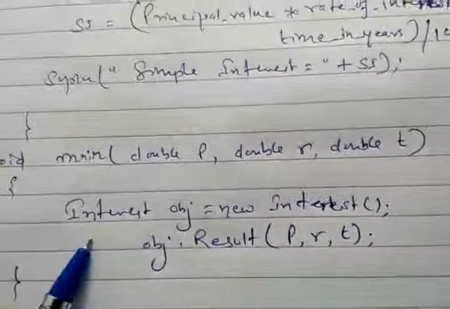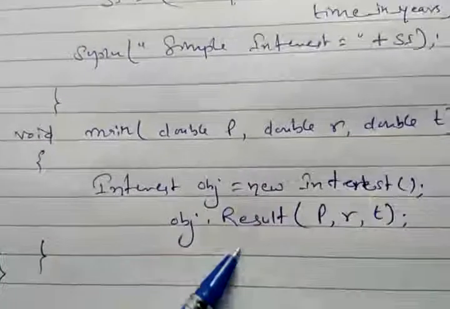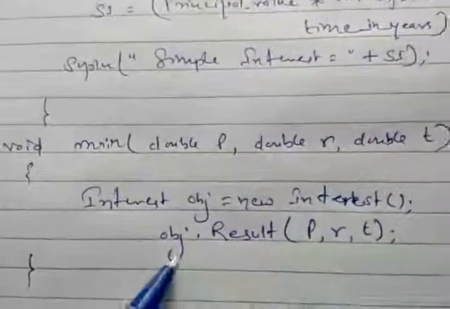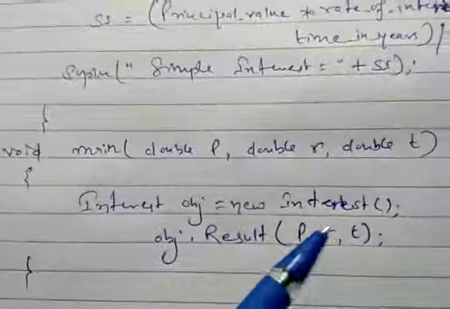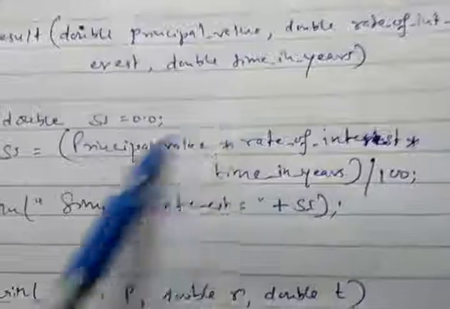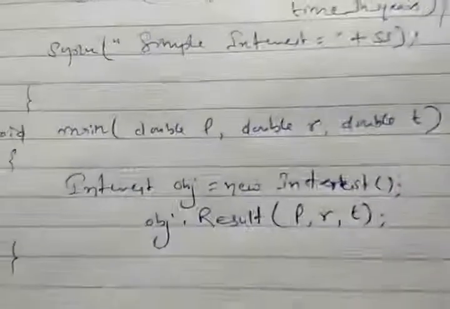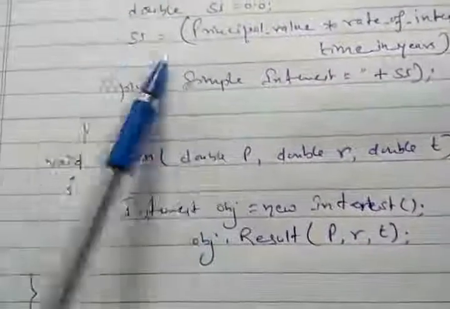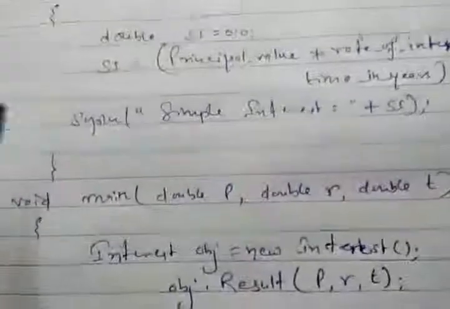First we have to create an object for calling the function, and obj.result, and we are passing p, r, t. So here the values of p, r and t will be copied into the principal value, rate of interest and time in years. So this function is invoked and calculates and prints the simple interest from the above function.